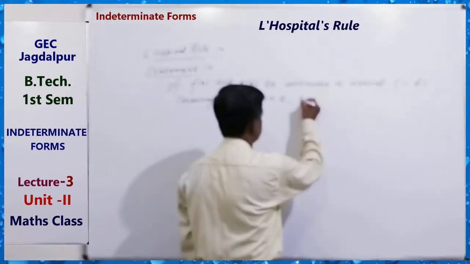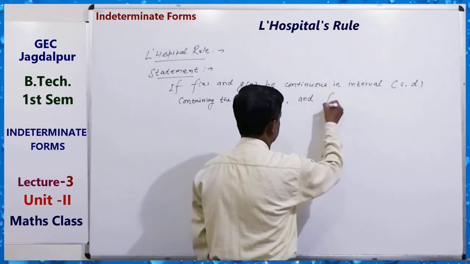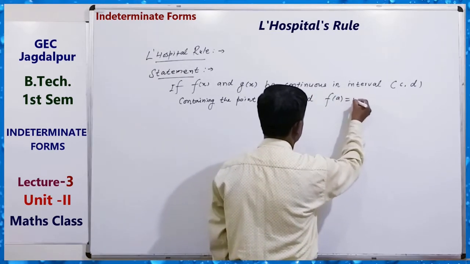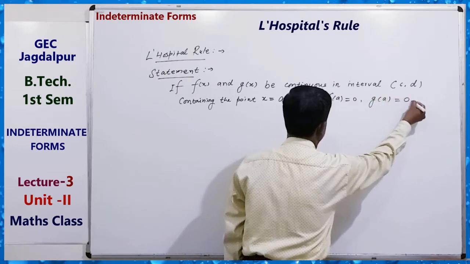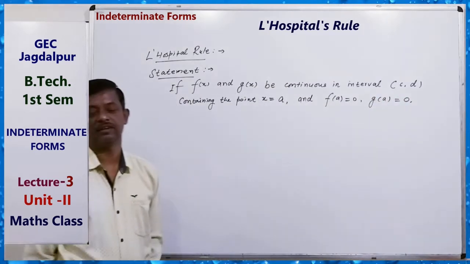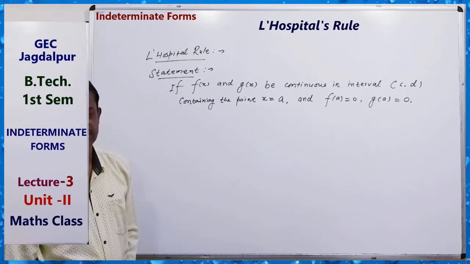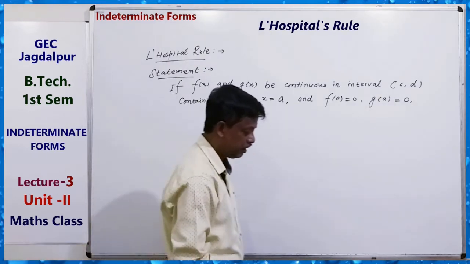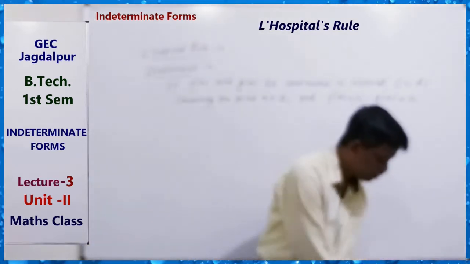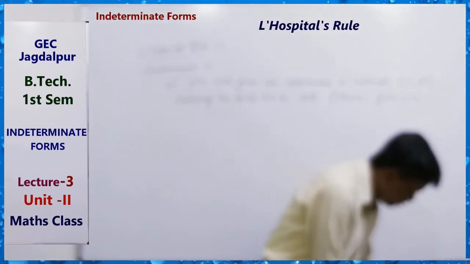and f(a) equals 0, g(a) equals 0. At this point, f(a) equals 0 and g(a) equals 0.